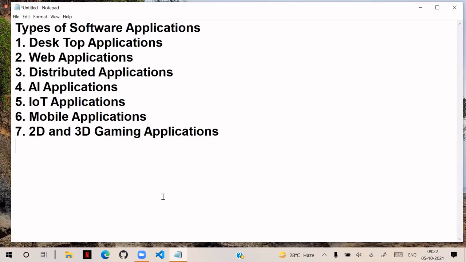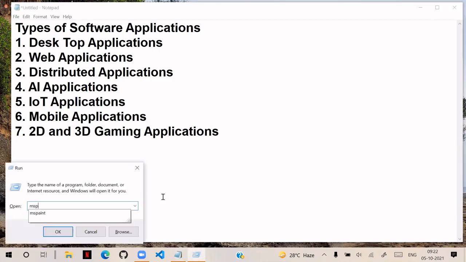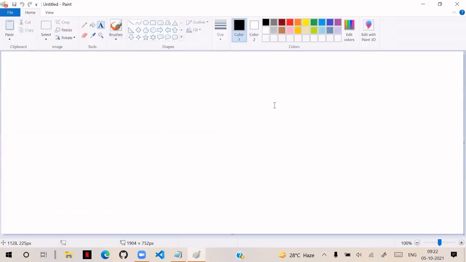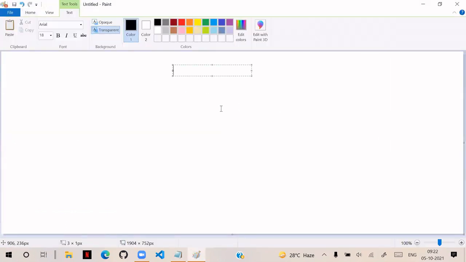Desktop application means, a simple example I will give you, like MS Word, Excel, PowerPoint, Notepad, calculator. All these types of applications come under the category of desktop. The best example I will give you is some hospital. Suppose we have a hospital.